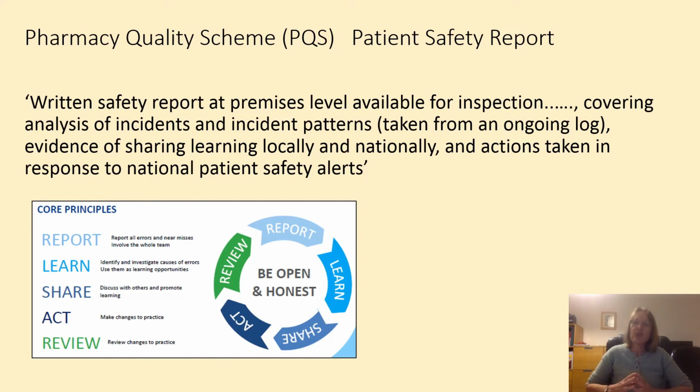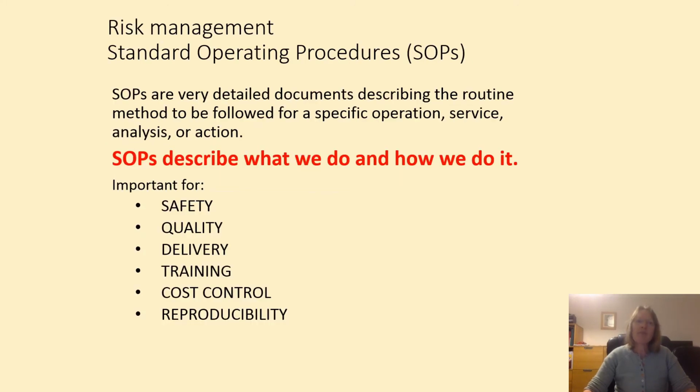So this is a very big document that's written, it's very detailed, and the annual report is the one that we get paid for, but our pharmacies do a monthly report as well, and then amalgamate all of their monthly reports to create an annual report.